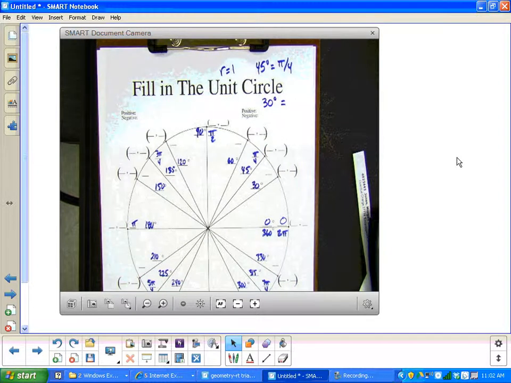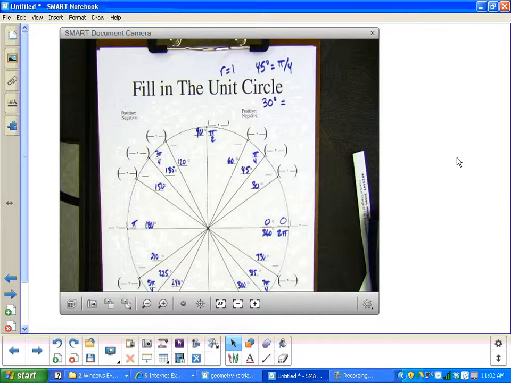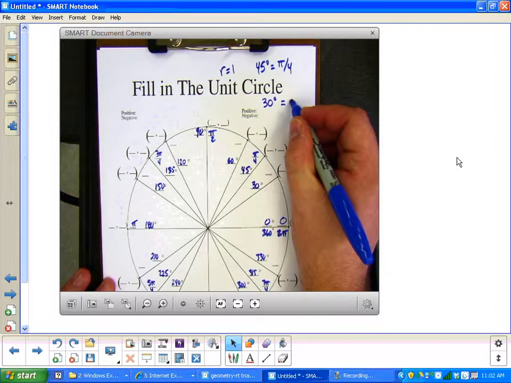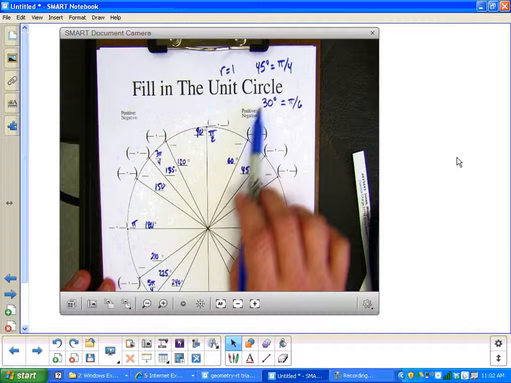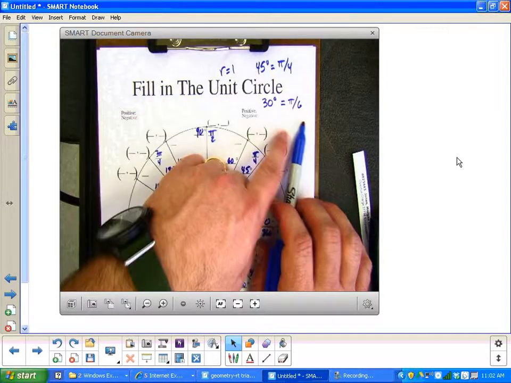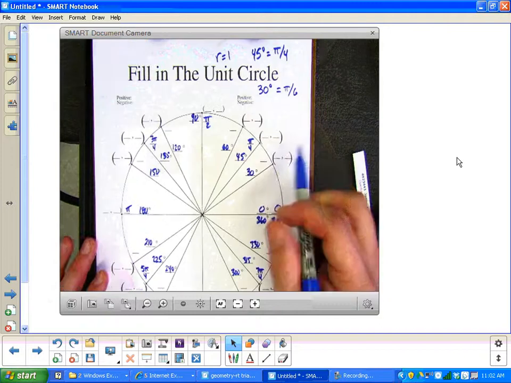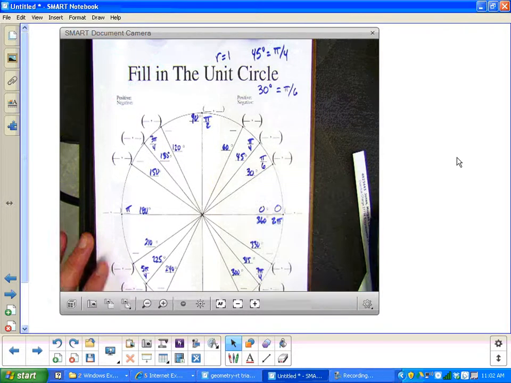So I used my conversion factor, pi radians and 180 degrees, and notice what 30 degrees is. Pi over 6, that's the other one I got to memorize. See, there's really 3 unit conversions you got to memorize. Pi is 180, pi over 4 is 45, and pi over 6 is 30. So at 30 degrees, this is going to be pi over 6. So every 30 degrees is a pi over 6.